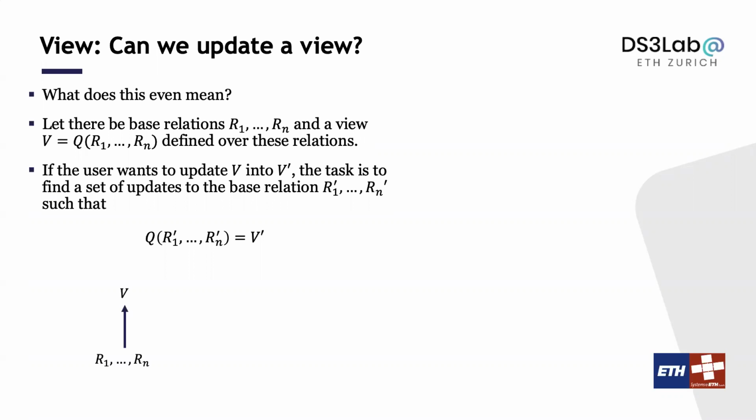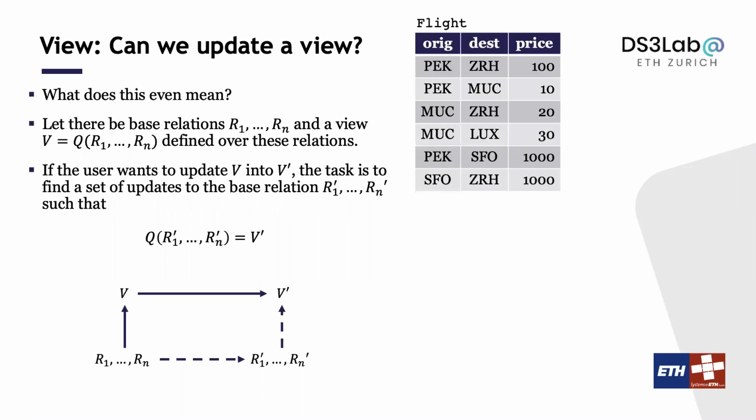You have R1 to Rn, your query gives you the result of the view, right? And then if you want to update that from V to V prime, under the cover, what you are really trying to do is find a whole bunch of updates on the base relations, such that evaluating the same query is going to give a view with the content that you want. Okay? So by saying updating a view, this is concretely what we are talking about.